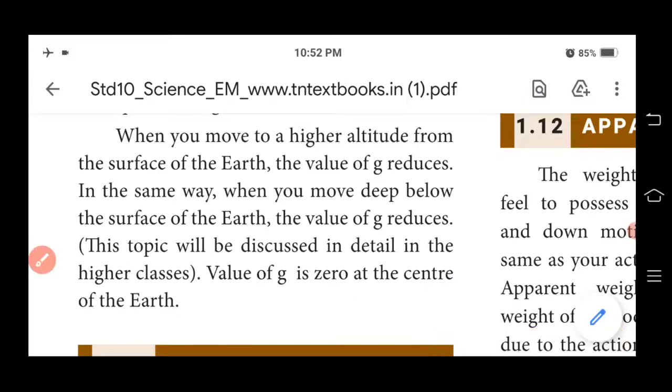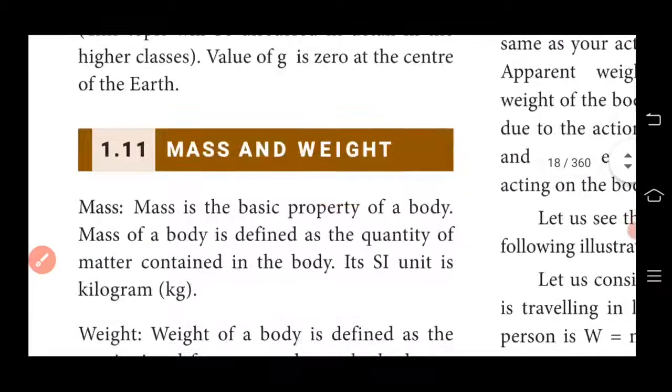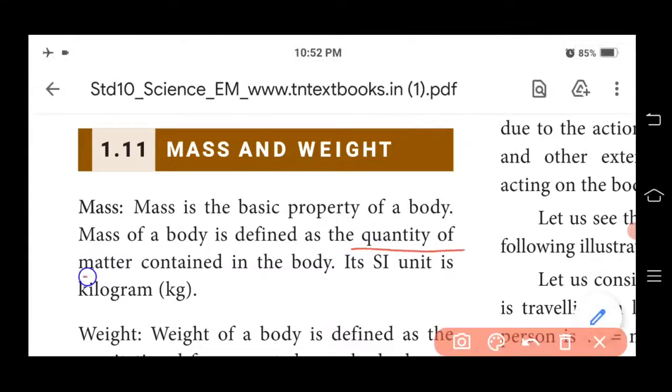And then our next topic is mass and weight. Mass is the basic property of the body. We know that mass will never change. Mass is defined as the quantity of matter contained in a body, and the SI unit of mass is kilogram.